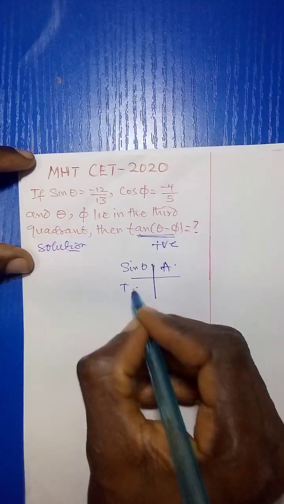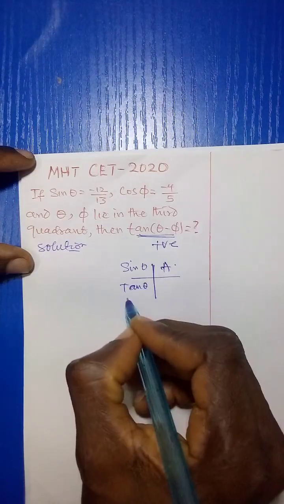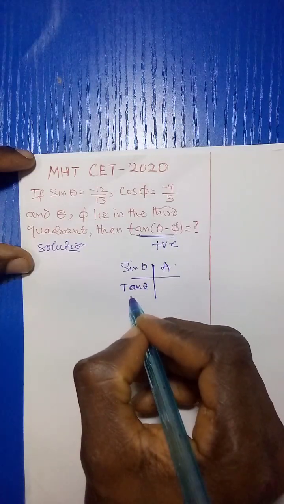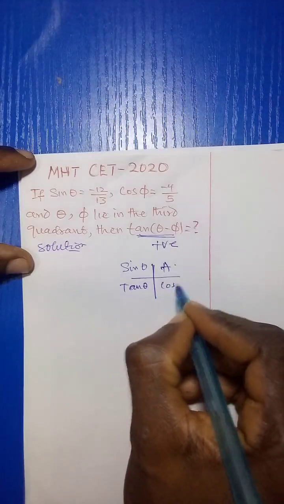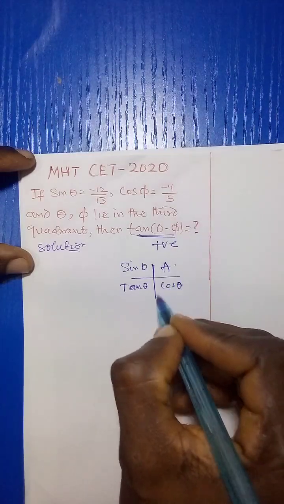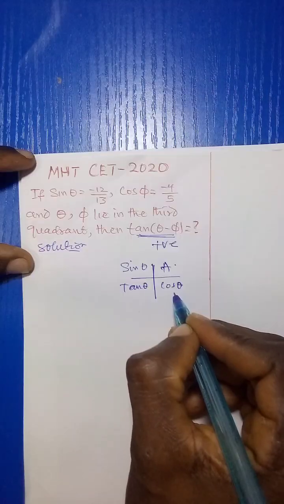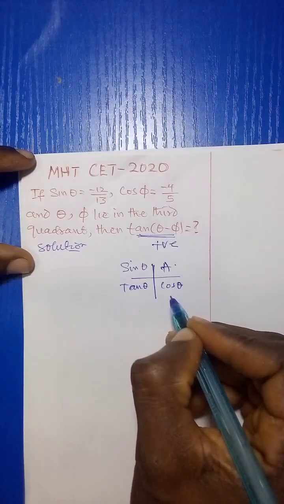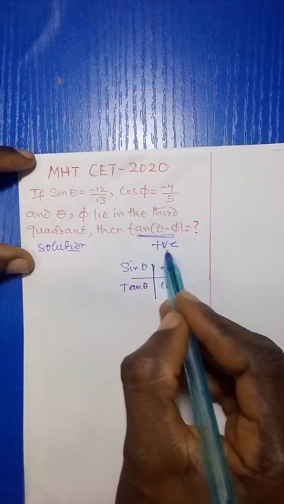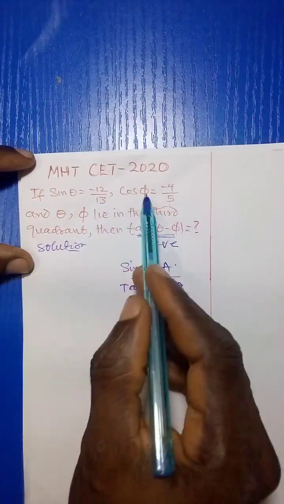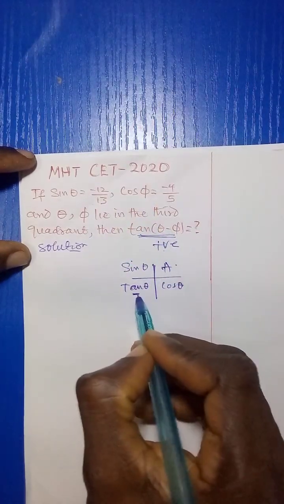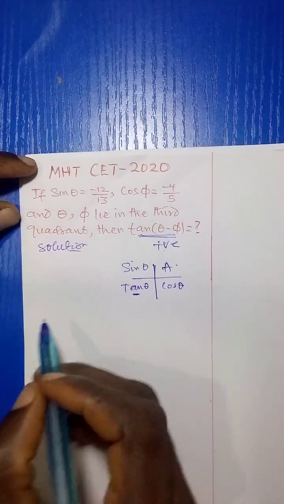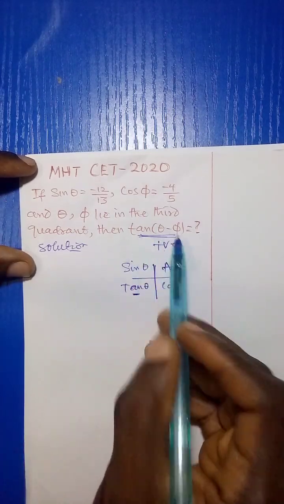Here, tan theta is positive and also its reciprocal, that is cotan theta. While here, cos theta is positive and also sec theta, which is its reciprocal. So this expression must give us a positive value, while others must give us negative values because we are dealing with the third quadrant. But how are we going to find this expression?